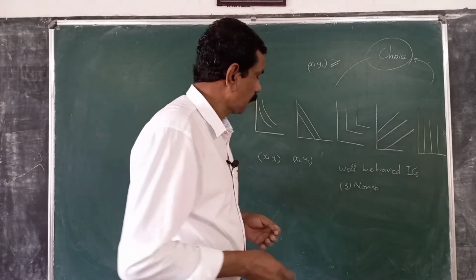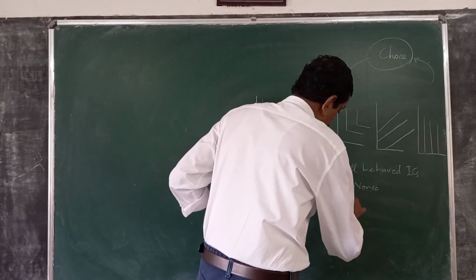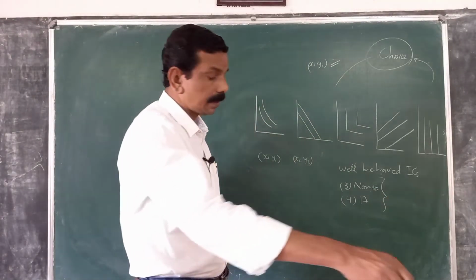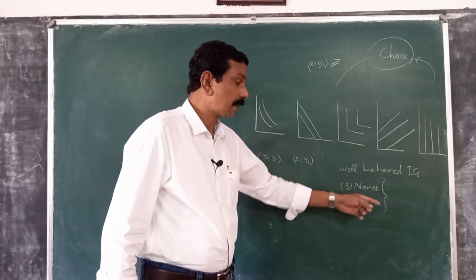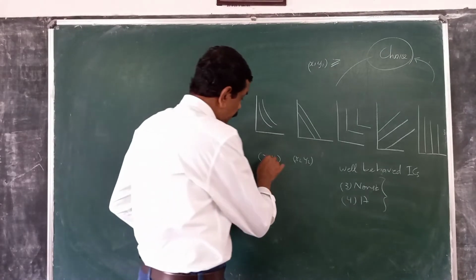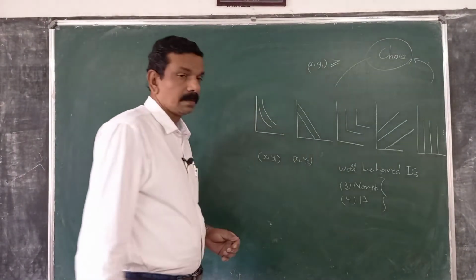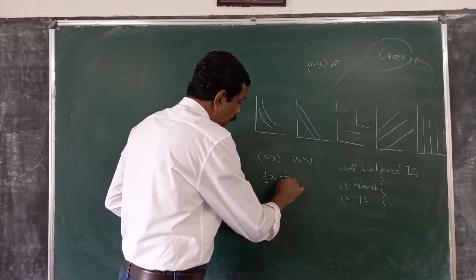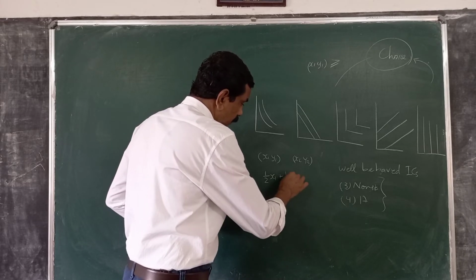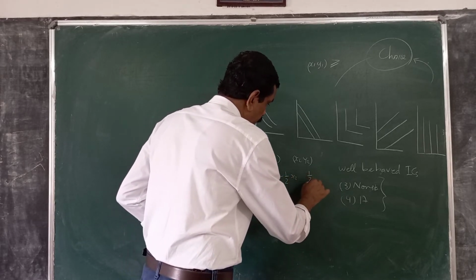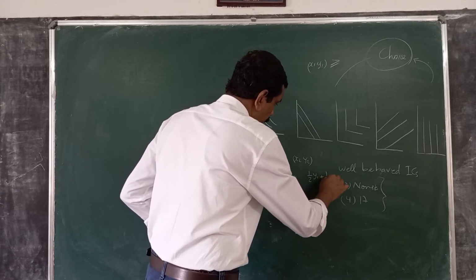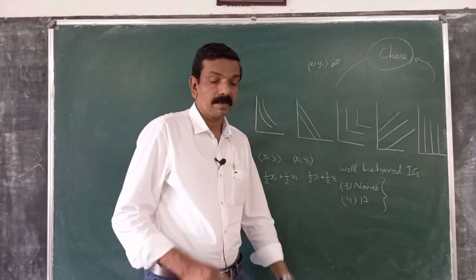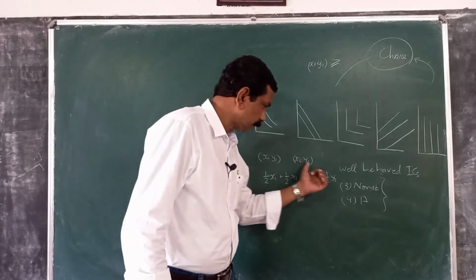Another one is, averages are preferred to extremes. I will explain these points once more in my next video. This axiom says that if (x1, y1) and (x2, y2) are two bundles, then the bundle (1/2 x1 + 1/2 x2, 1/2 y1 + 1/2 y2) is preferred to the original bundles (x1, y1) and (x2, y2).